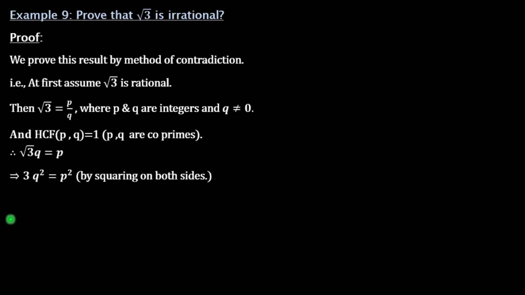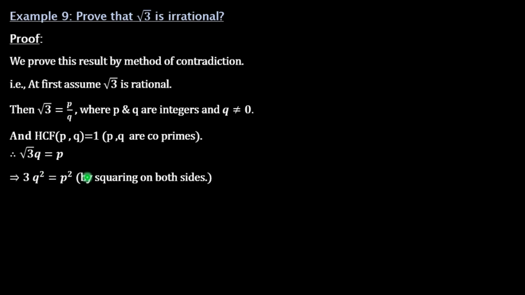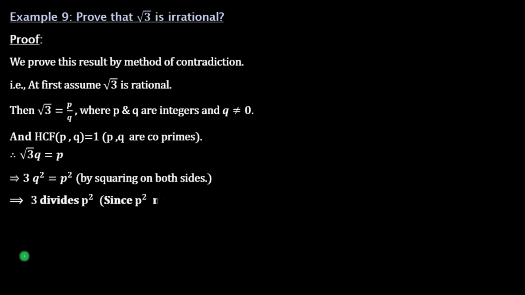Then what do we have here? p square is a multiple of 3, or 3 divides p square. As in the previous problem where 2 divides p square, here 3 will divide p square, since p square is a multiple of 3.